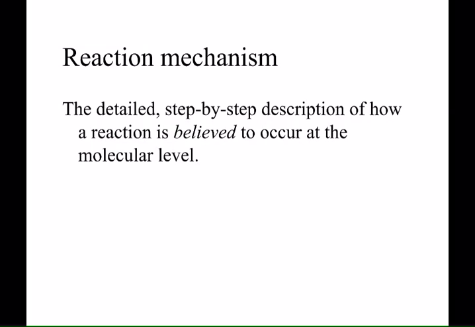Before I get too much farther, I said that I would revisit this. Say we have two reactants, A and B, with these stoichiometric coefficients, going to form some product or products. We could write the rate law expression. Your reaction rate is equal to the rate constant k times the molar concentration of each of the reactants raised to the reaction order. I'll just call them m and n for now.